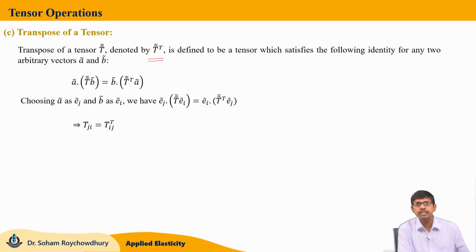Using the definition of tensor components, the left hand side term can be written as T_ji, and the right hand side term can be written as (T transpose)_ij.